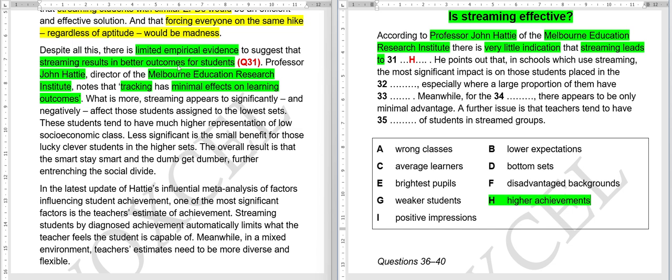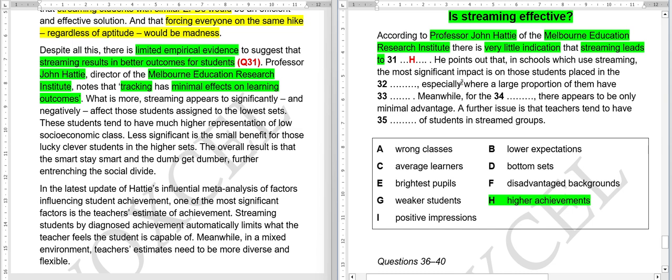So better outcomes mean best results, good results. So it will lead to higher achievement. So we cannot say wrong classes, lower expectation. This is not better outcome. Again, for better outcome only one word is there, higher achievement. It leads to higher achievements. Be clear? Because outcome is the result, achievement is the result of something.